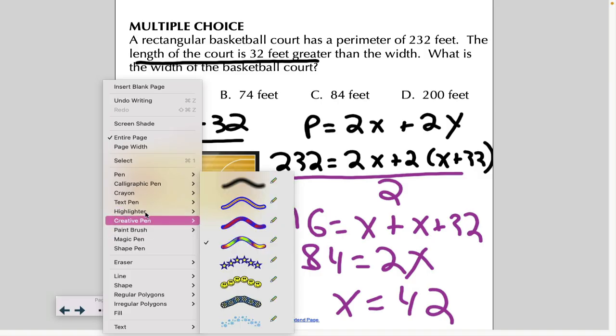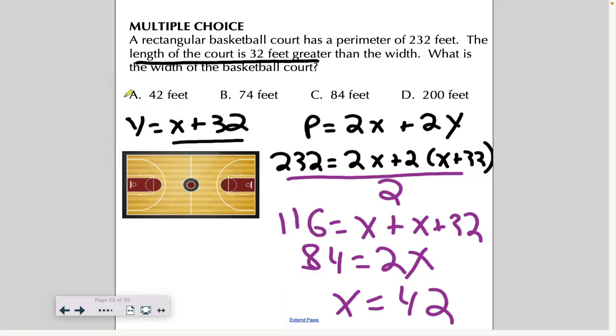Be careful on the multiple choice one. I saw some interesting answers, but you should have arrived at A. I have all the work on the board for the multiple choice one.